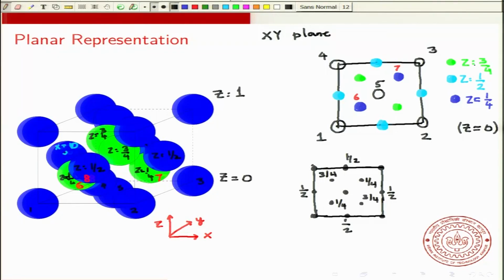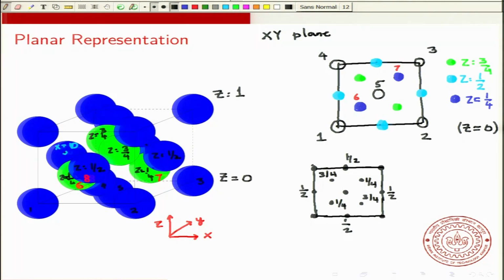Then the 2 green dots here would have corresponded to z equal to 1/4, and these could have corresponded to z equal to 3/4. So the diamond lattice is actually not a Bravais lattice. This shows that it is not a Bravais lattice, but it is still a very commonly used term. So I'll use the term diamond lattice, but you should always keep in mind that it's not a Bravais lattice.